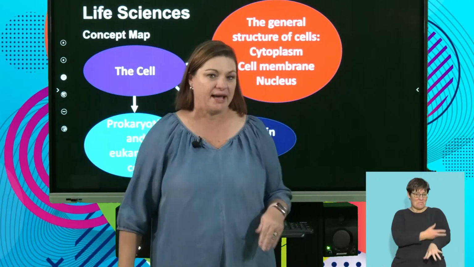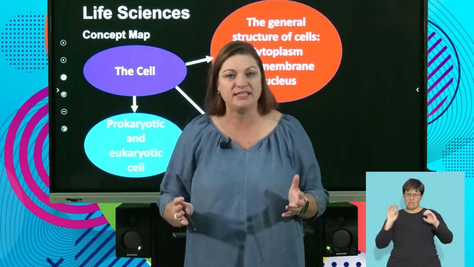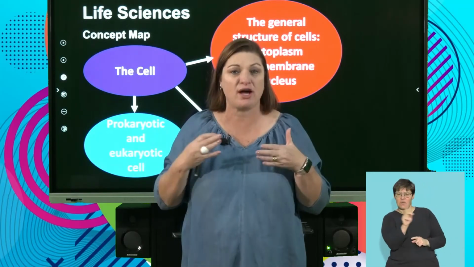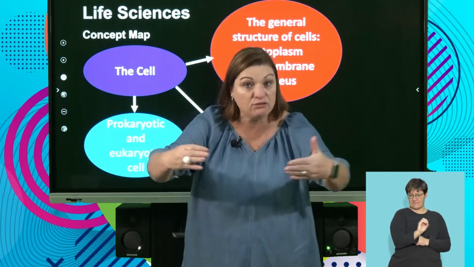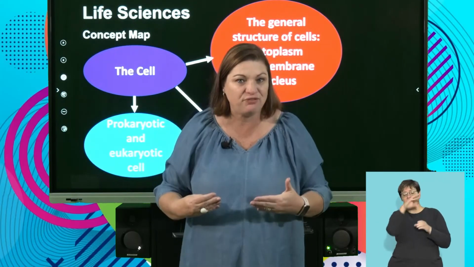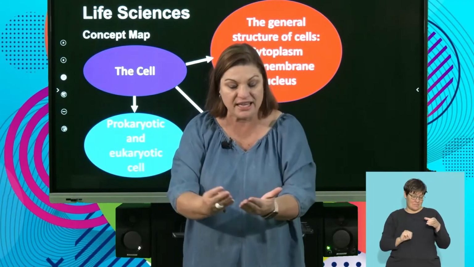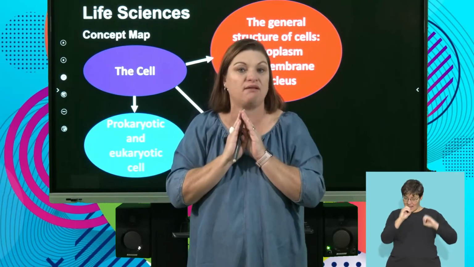Let's quickly recap. We're looking at this concept of a cell. When we look at the concept of a cell, we can see that there's a structure that has a boundary around it. And we looked at what was filled on the inside, the cytoplasm. Now, all living cells have this boundary called the cell membrane.